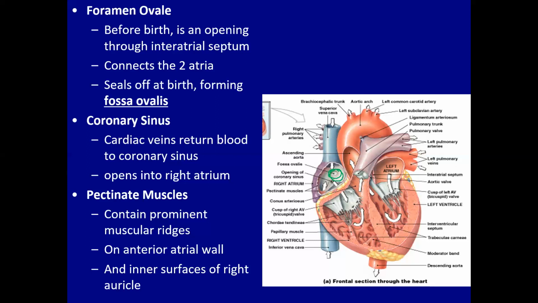When you're born, after you take your first few breaths, that foramen ovale should close and it becomes the fossa ovalis. All right, remember, a fossa is an indentation. A foramen is a hole. So that fossa ovalis is where you had that connection between the two atria.